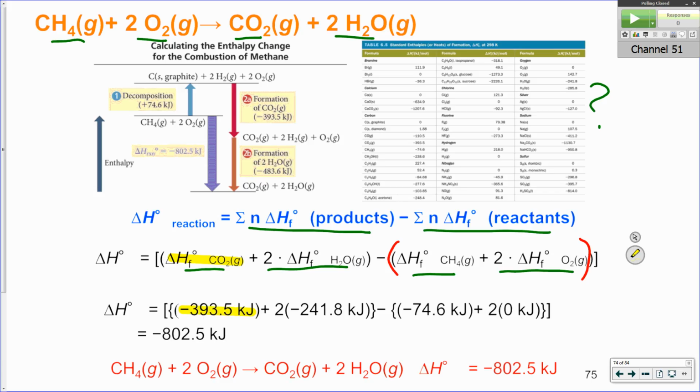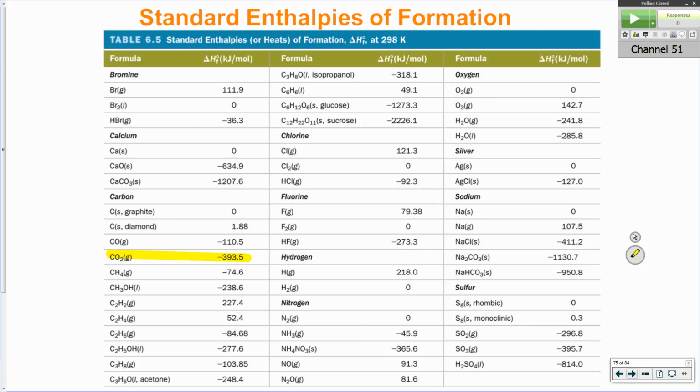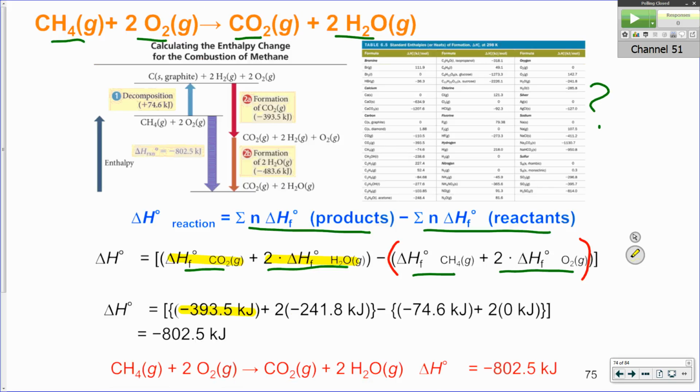And now I need 2 times the enthalpy of formation for water. So I go to my table and I find my water. So water, okay, here it is in the gaseous state for water. It's a negative 241.8. So negative 241.8 times 2. Now that closes this set of parentheses out. So that's all of the products.